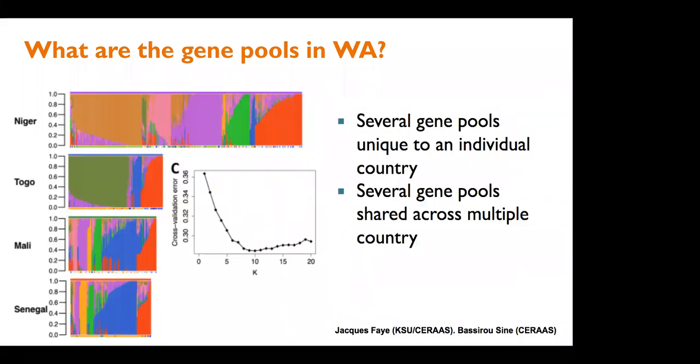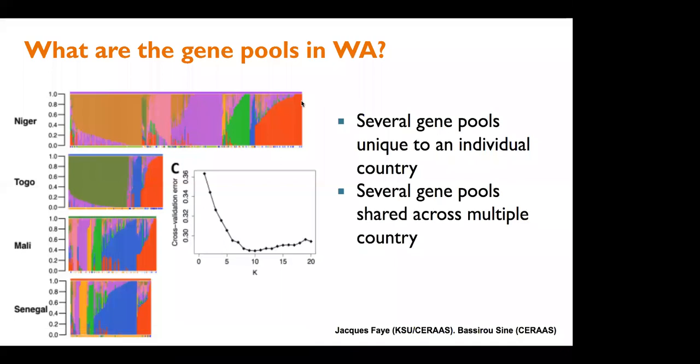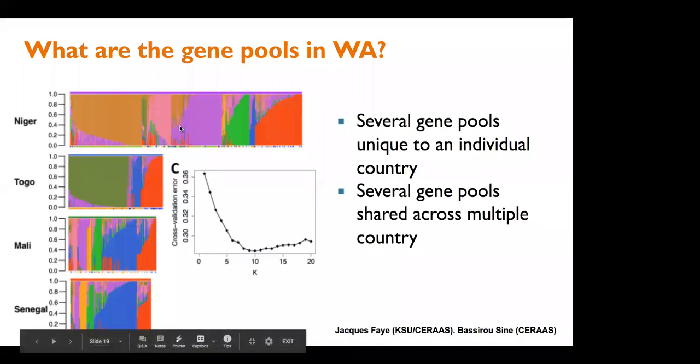This is some of Jacques' work, taking this genotyping that we were doing and really getting it down to take-home messages for the breeders. One thing that the breeders really care about is what are their gene pools across the different programs. So here we have a color-coded plot of basically which gene pool you are is which color.